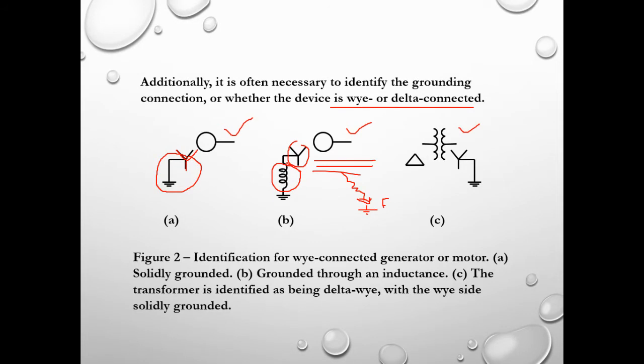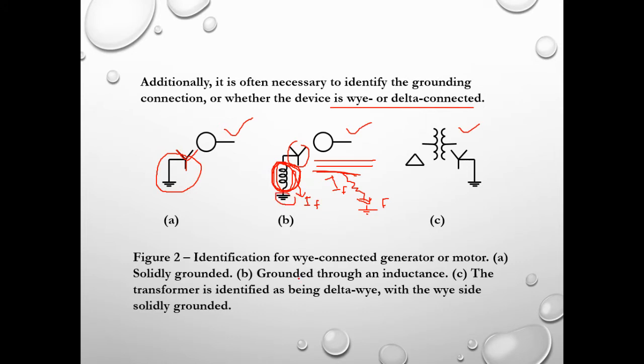So the existence of the inductance is actually to reduce the current I, let's name it I fault, the current flowing in the third line, down to the earth through the inductance. So we reduce the magnitude of the short circuit current going to the ground.